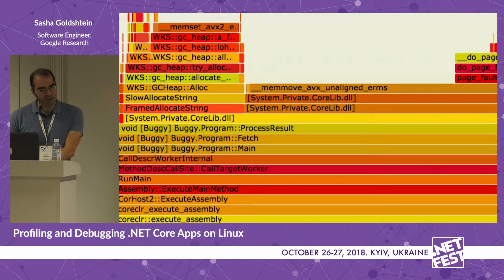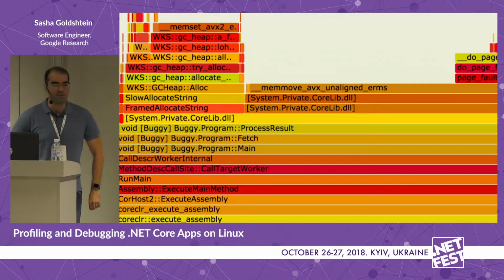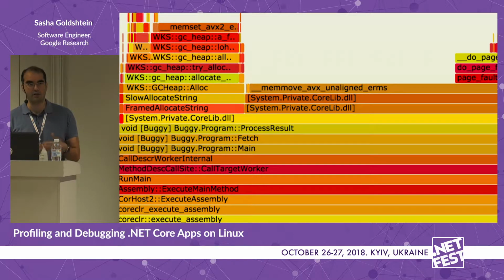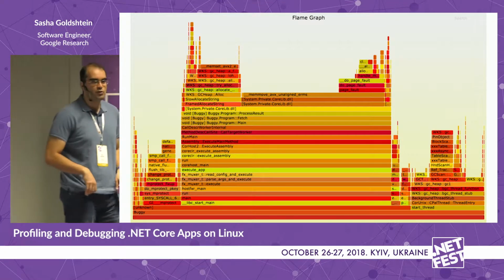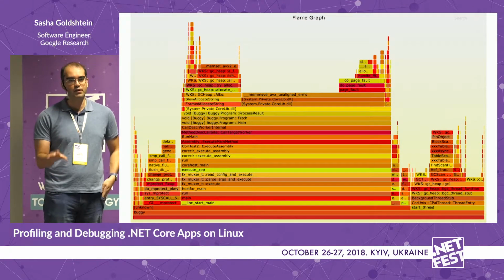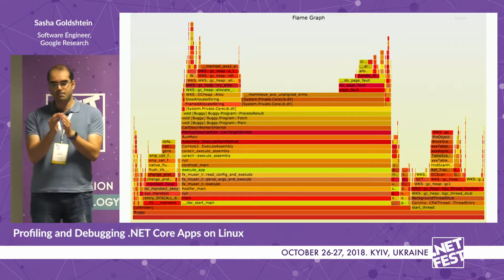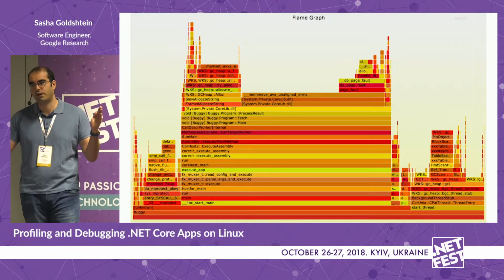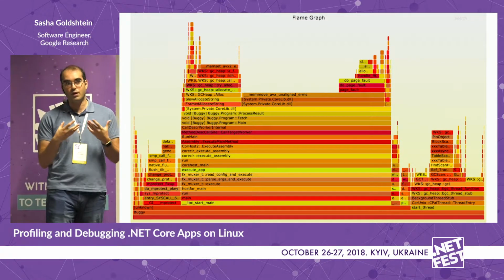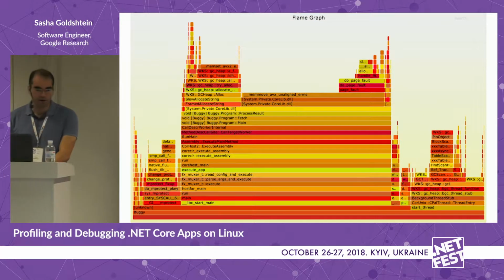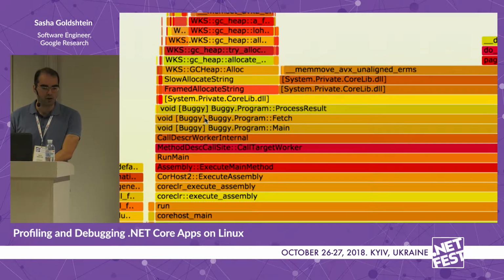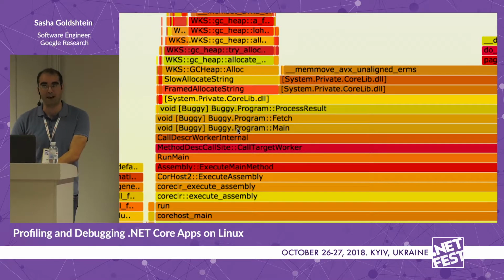So slow allocate string, and then a bunch of other stuff on top of that is just allocating memory. So again, we're not going deep into what exactly is going on in this particular application, but just by the width of the rectangles, you can see what the program is doing most of its time. And by following the hierarchy from bottom to top, you can see where it's diverging into different paths.